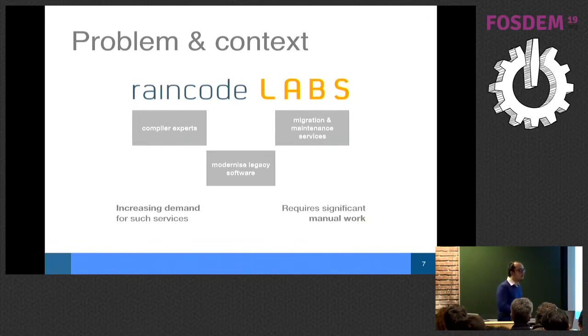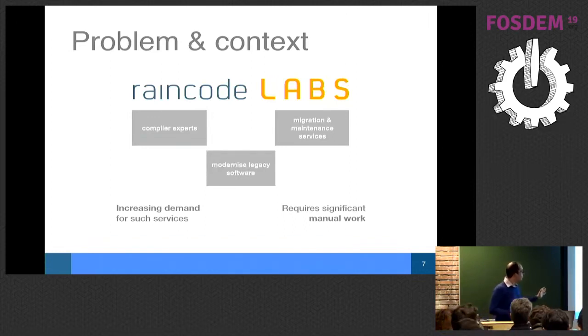So actually we are trying to help Raincoat people to modernize languages. Because actually this is an important market. There is a growing need to have this kind of techniques.